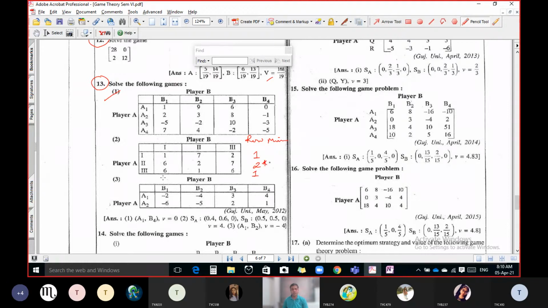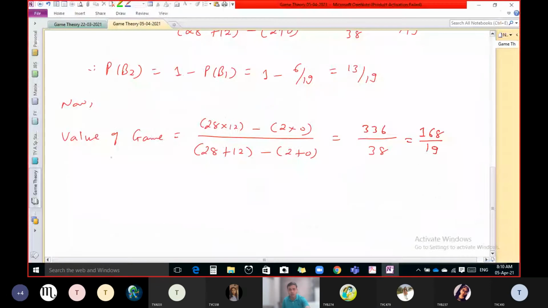Now in the columns, the maxima are 6, 7, and 7, and the minimum is 6. Now these two values, 2 and 6, are not the same. Because they are not the same, we can say that there is no saddle point, which means there is some probability now. So how do we solve this question?